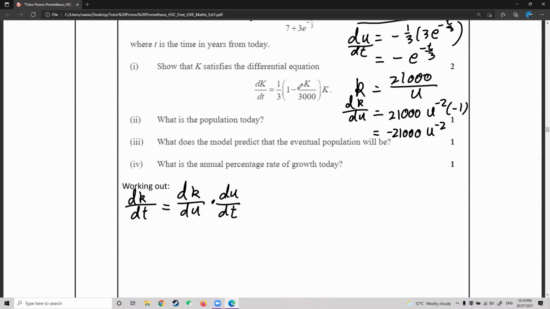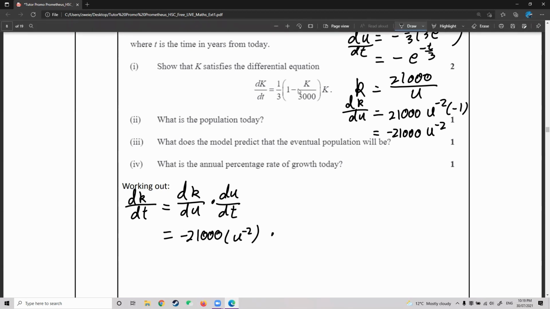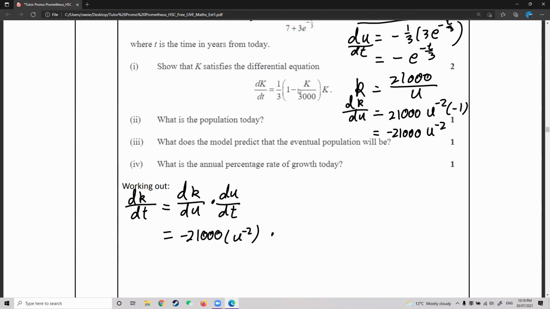Now let's sub the 2 parts in. So what I get is dk equals, subbing in, negative 21000 u minus 2 times my du on dt, which is minus e minus t on 3.